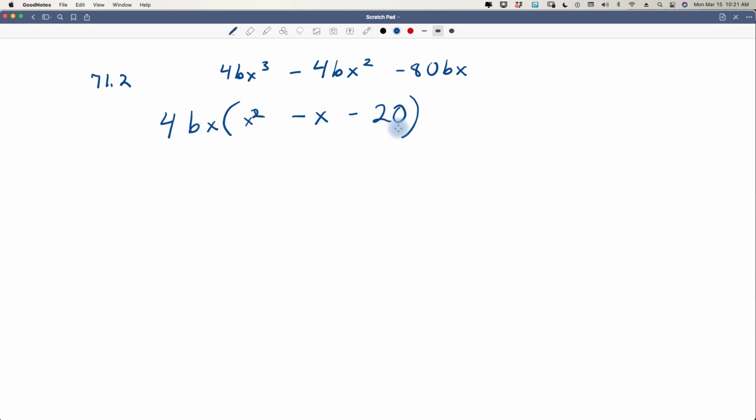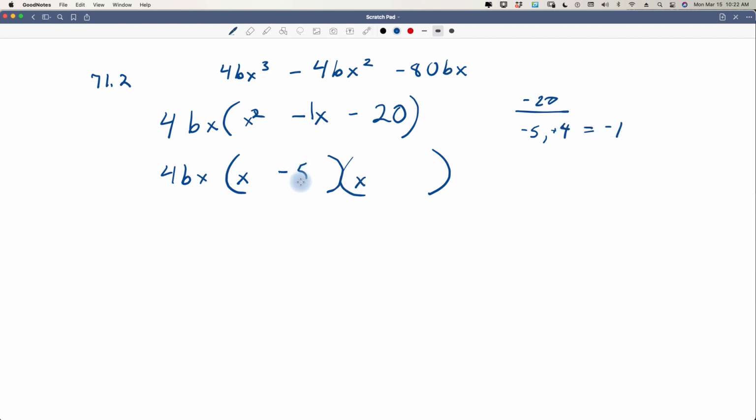So now we can factor this like we normally do. 4bx, set up our two parentheses, factor our first term, and now find the factors of the third term that give us the second term. So the factors of negative 20 that could give us a negative 1x, because that's what this is, there's a 1 right there, would be negative 5 and a positive 4, because when they are combined, we are left with a negative 1.